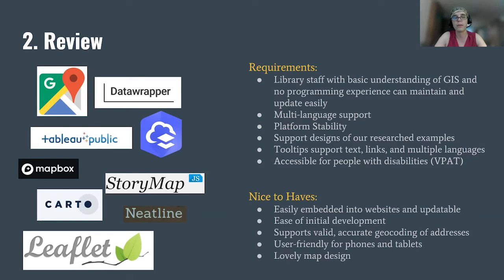We are very much interested, given the scope of the collections, in multiple language support, especially for English and Chinese as first starts. Platform stability: we were looking at whether or not the platform could support the designs of things that we'd found as sources of inspiration, that tooltips or pop-ups could support things like text, links, and again, multiple languages, and that the tool was accessible for people with disabilities or had a VPAT.